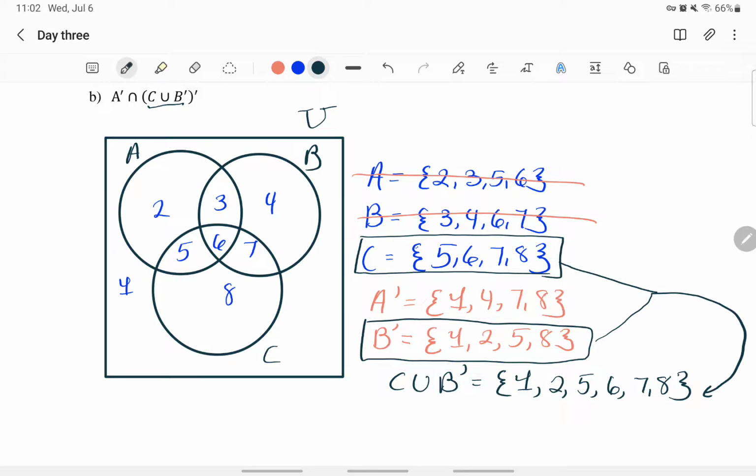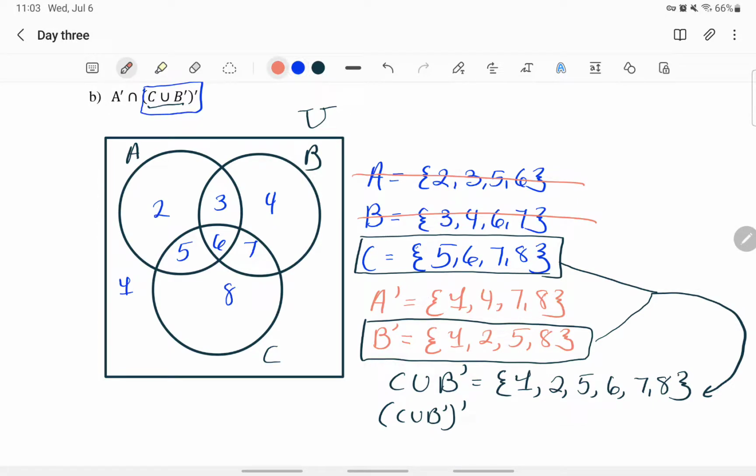And last but not least, I lied to you. The next step is outside of the parentheses, which is right here. So we want to find the complement of C union B complement. Because now we're finding the overall part.